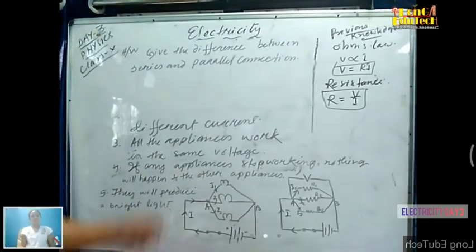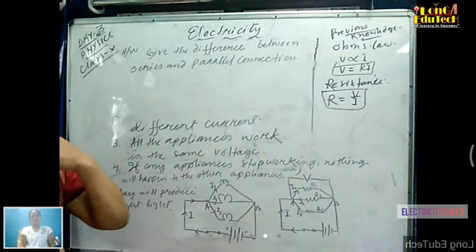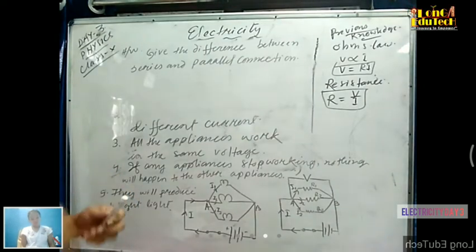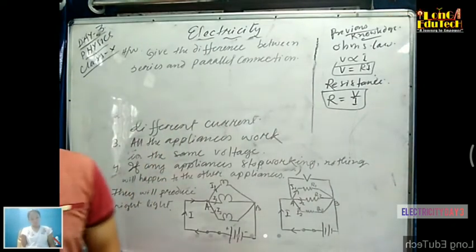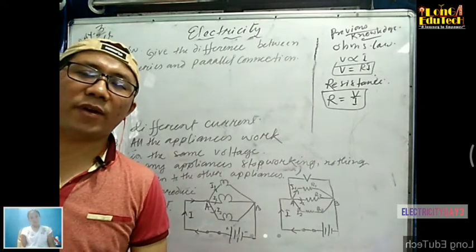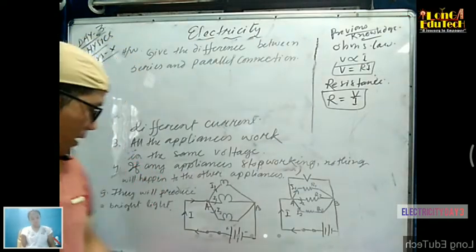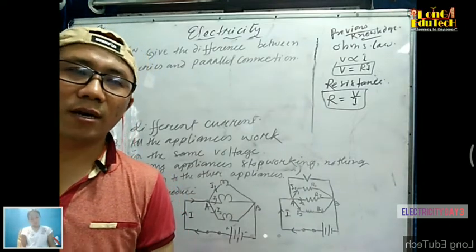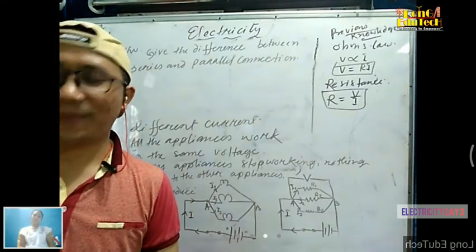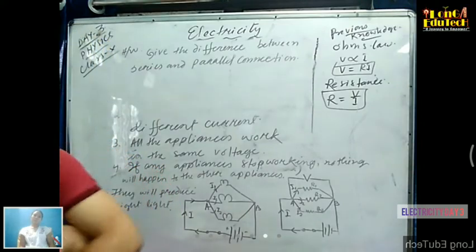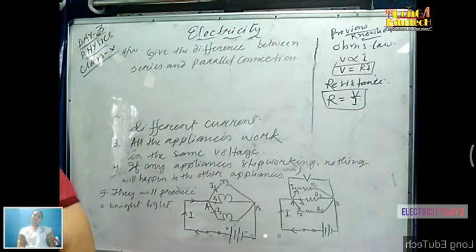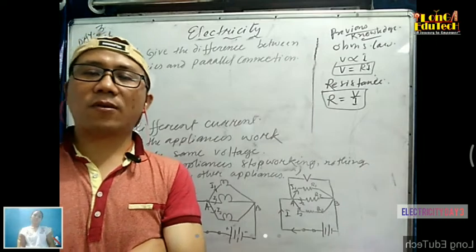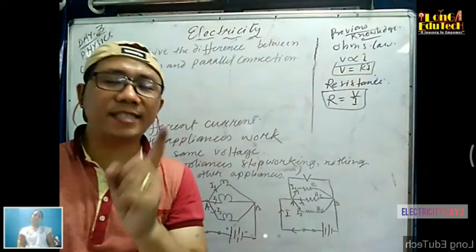Okay, so you have to upload there: give the difference between the series and the parallel connections. At least you must try to give 5 points. I give you 5 points, but you can include the diagram, around 6 points; you can also give that, no problem. This is all about series and parallel. Last time I forgot to give the resistivity.